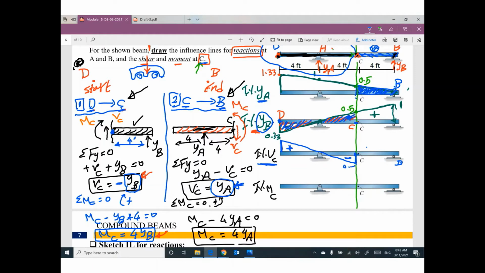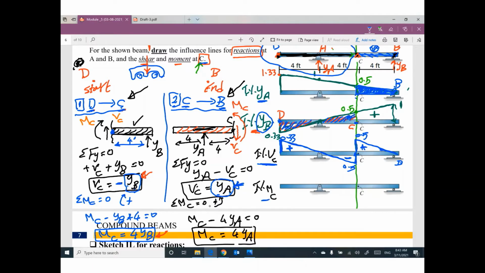This value is 0.5, this value 0.33. From C to B, we are looking for YA without any multiplication. Here is YA. Can you use this triangle as it is? Yes, I can. This value is 0.5. So the new diagram, which looks like this and this and this, is called the influence line for shear at C.